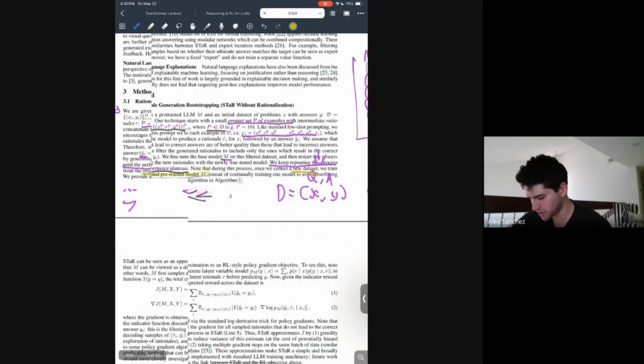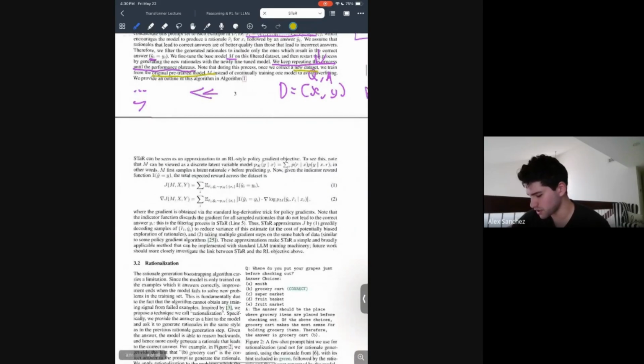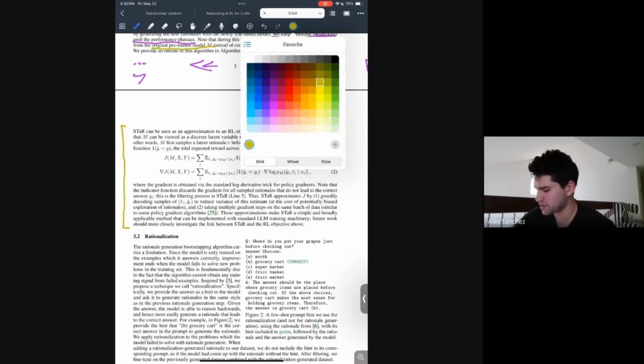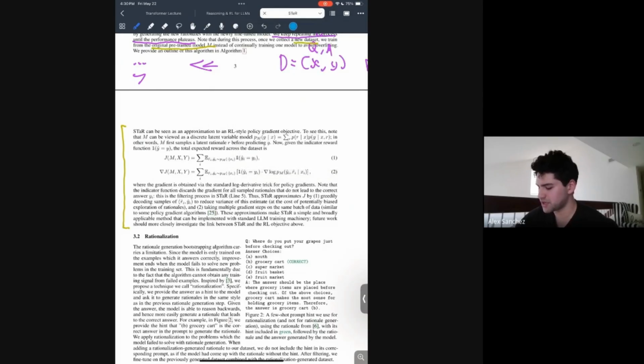And so going further along this methods section, we also have this right here. Now, in my opinion, this is kind of stabbed in, because they don't really go more in depth on this whatsoever. But here they talk about how STaR can be seen as an RL-style policy gradient objective. What does this remind you of? All of these equations here, what does this remind you of?